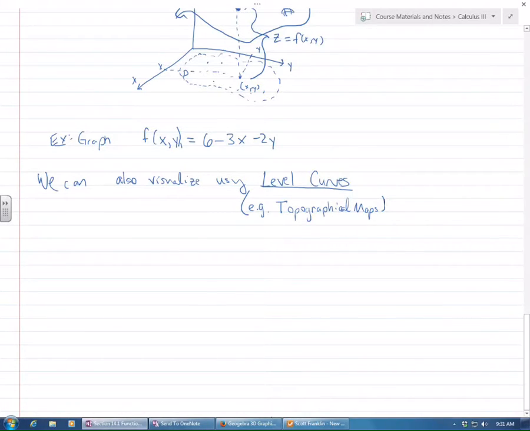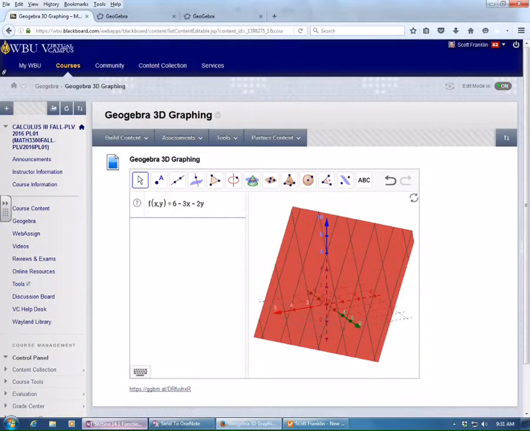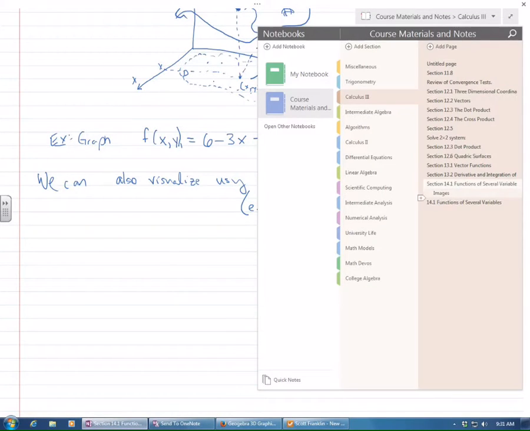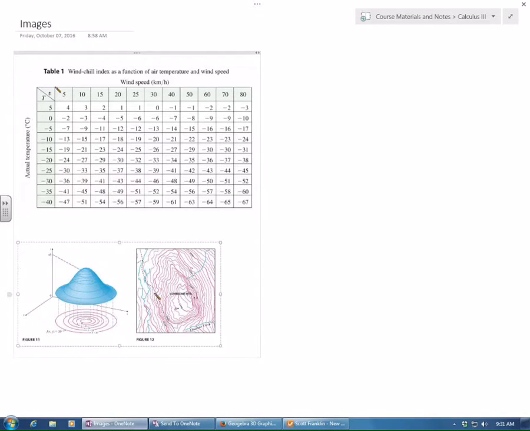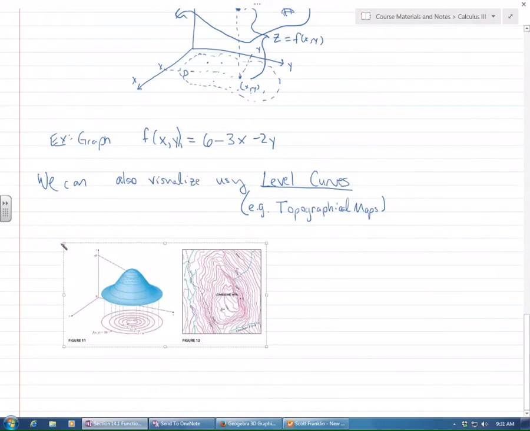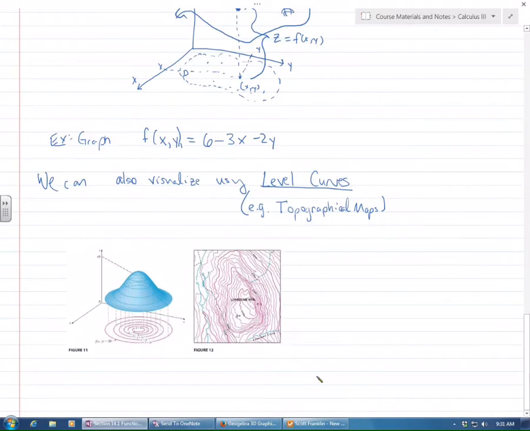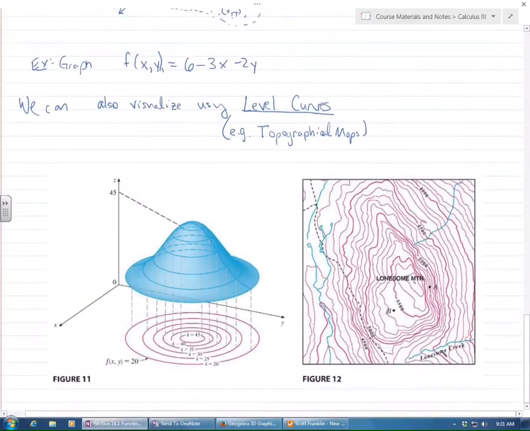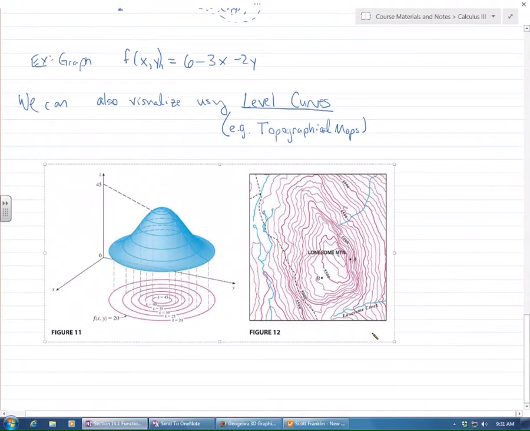I've got a picture that I'm going to pull out of the book here and paste in here just for you to see. But it's the same idea as a topographical map. We're doing topographical maps with surfaces. So like this on the right, figure 12, is a topographical map of this Lonesome Mountain.